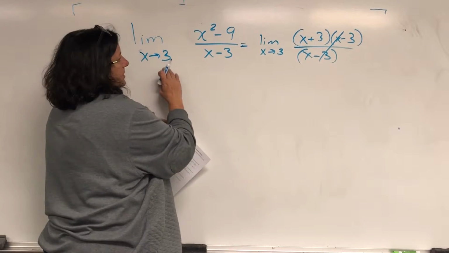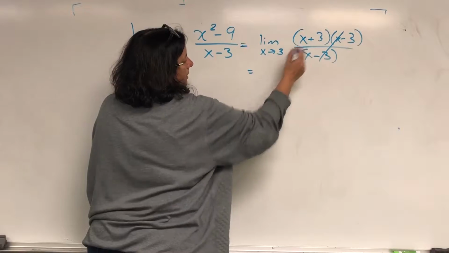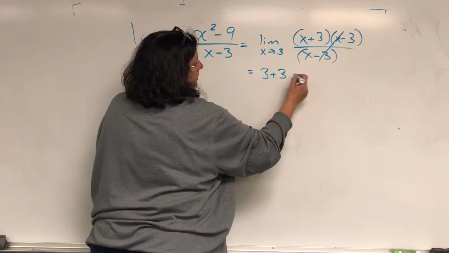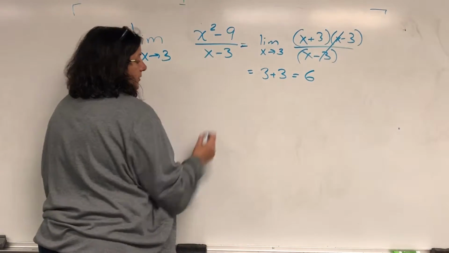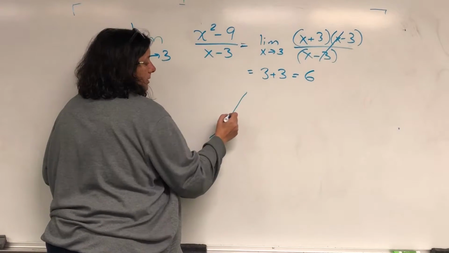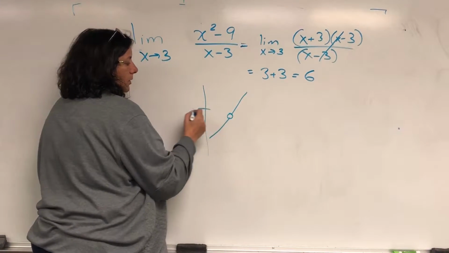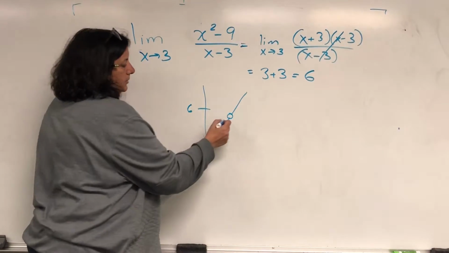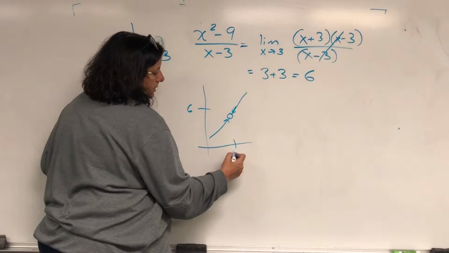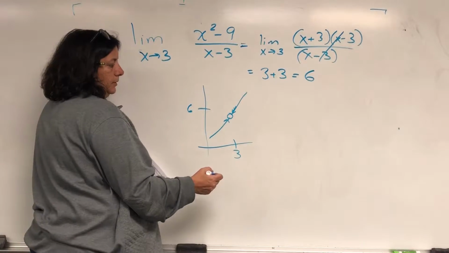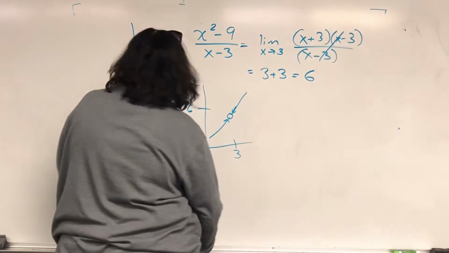And that means if I substitute in the 3 now, I get 3 plus 3 equals 6. And that is, in fact, the answer. This function does look like a line with a hole where y equals 6. So the limit is still 6 here as x approaches 3, even though the function never reaches that value.